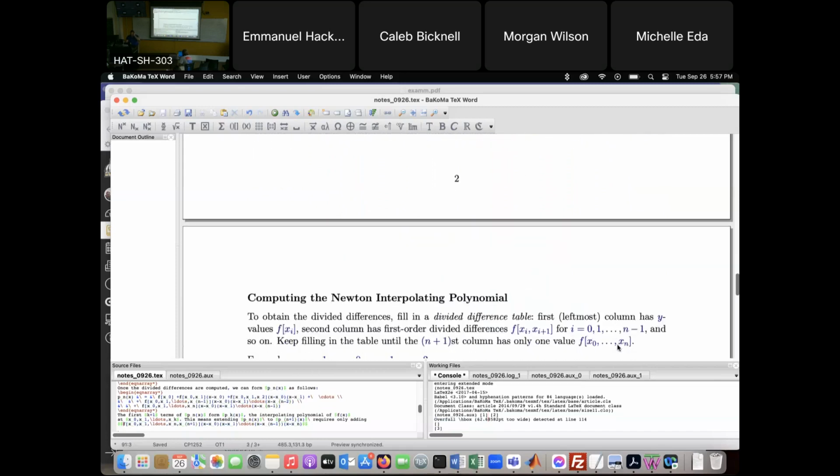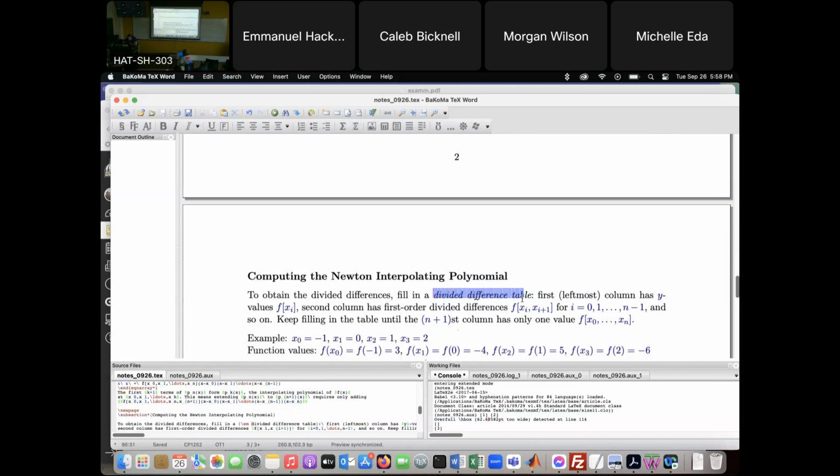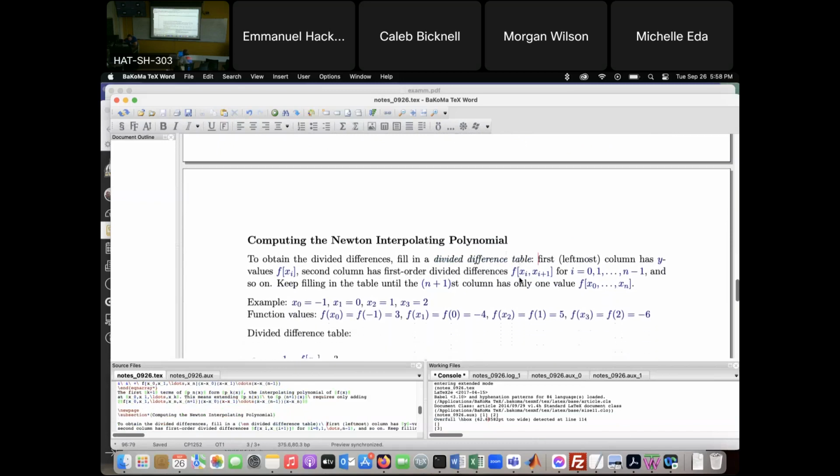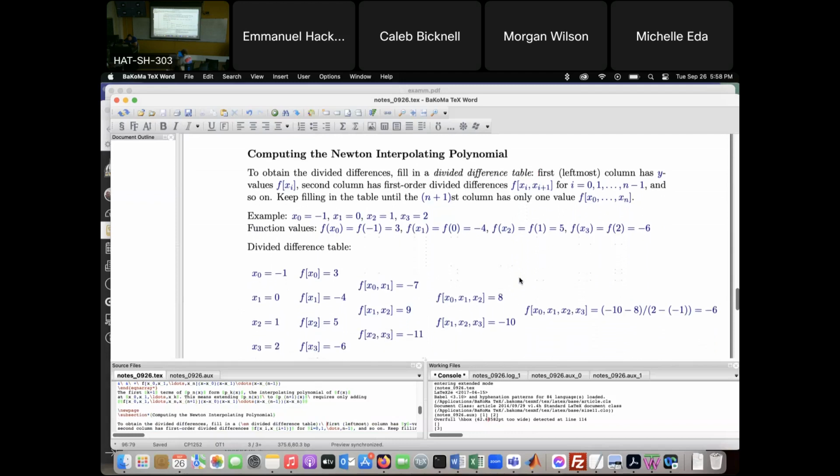Okay. So here's how all this actually gets worked out. It involves completing what's called a divided difference table, where you keep track of all the divided differences needed to get the ones you actually need. And this is most easily described using an example.